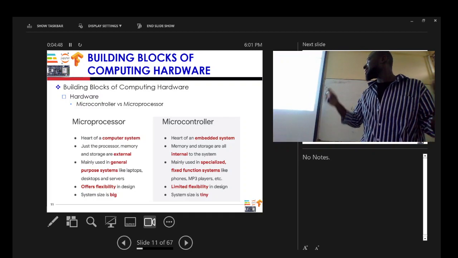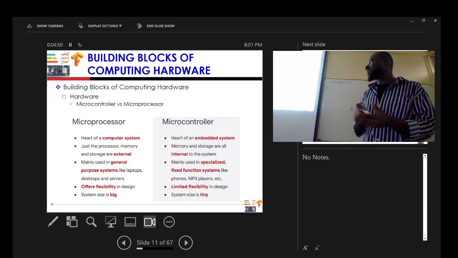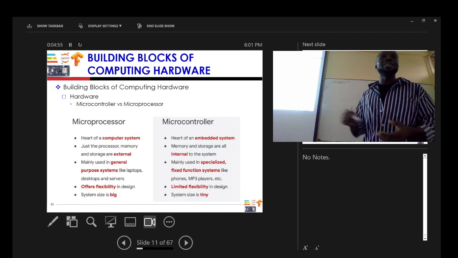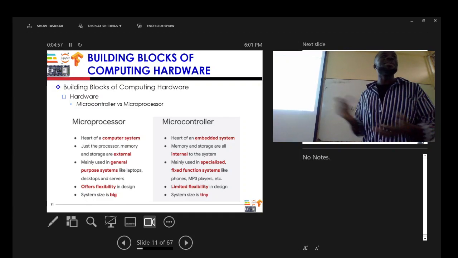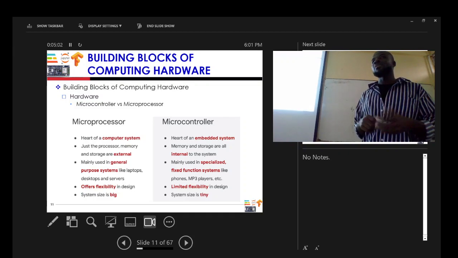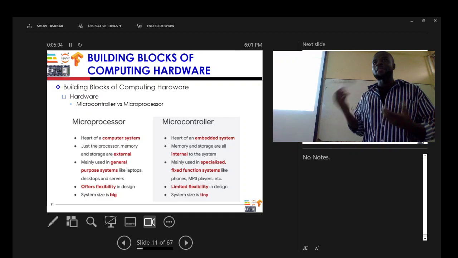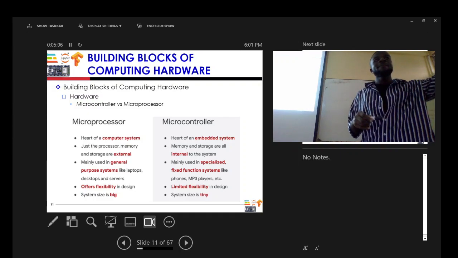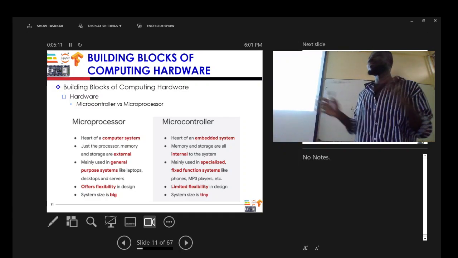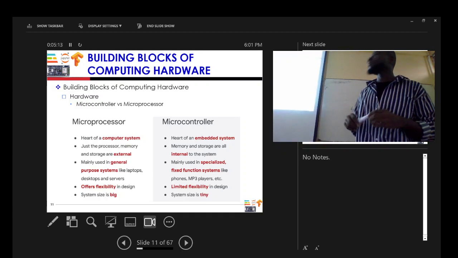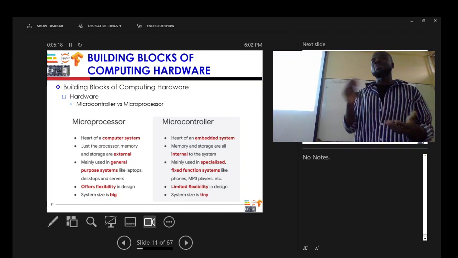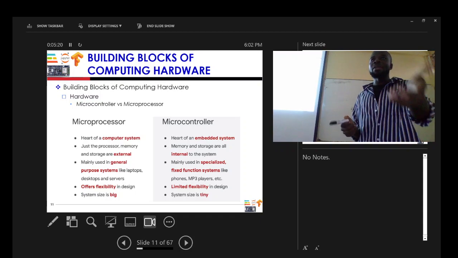We also know that the microprocessor is more flexible than the microcontroller. The microcontroller is used in an embedded system, where it is programmed for a specific task, so it is limited. But the microprocessor is used in a computer system that can run a lot of things.